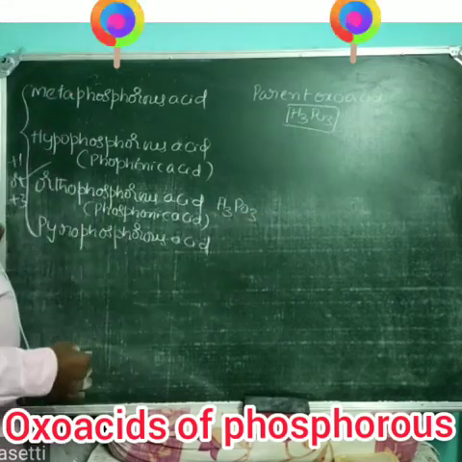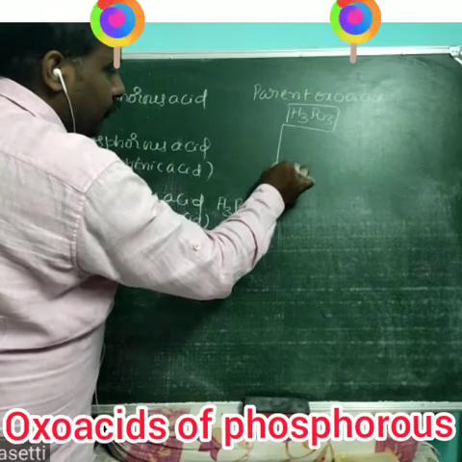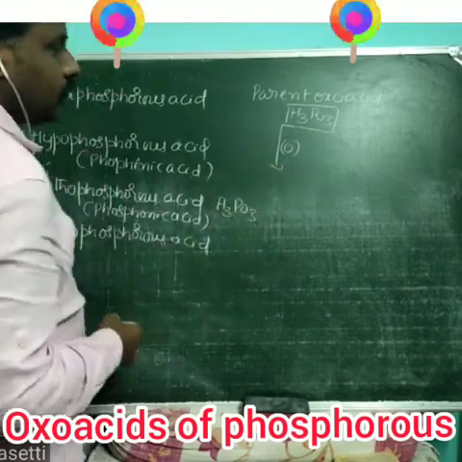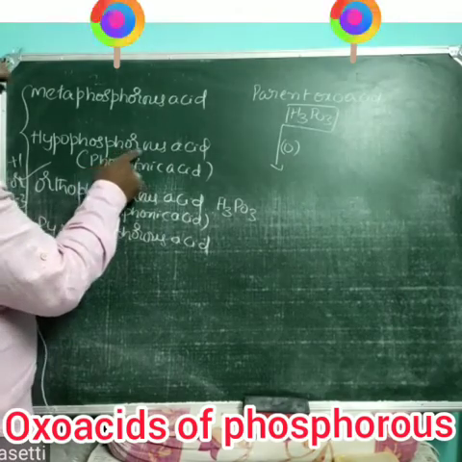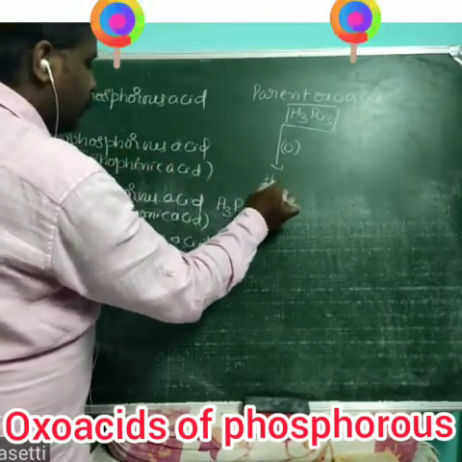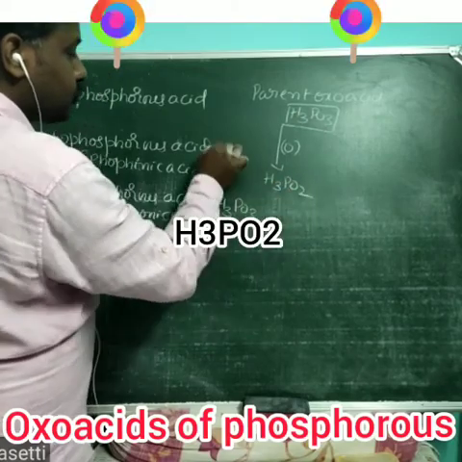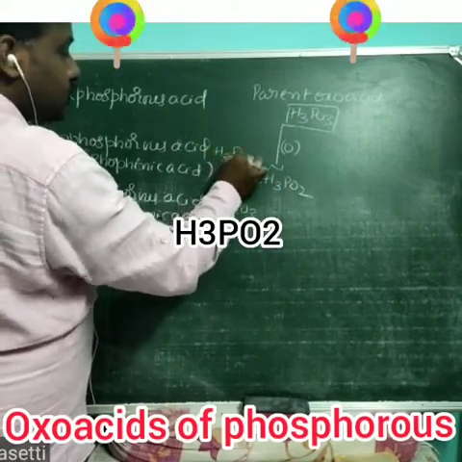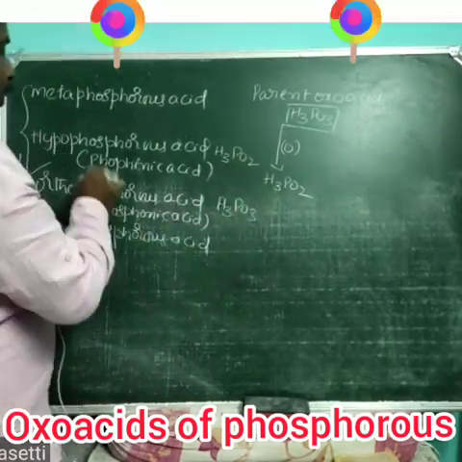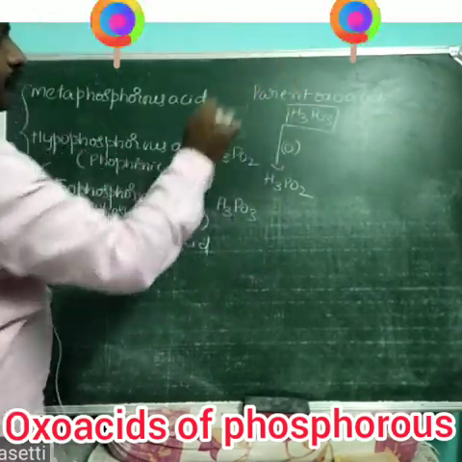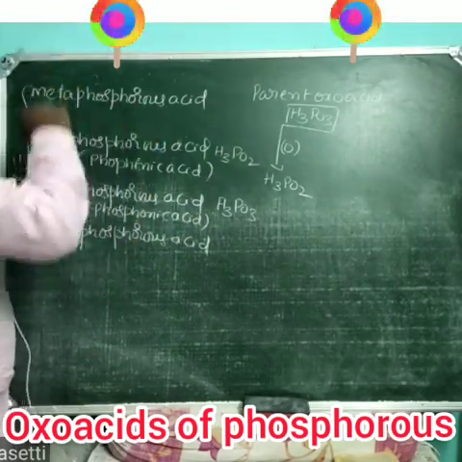From this H3PO3, if you remove one oxygen, then you will get hypophosphorus acid, that is H3PO2.